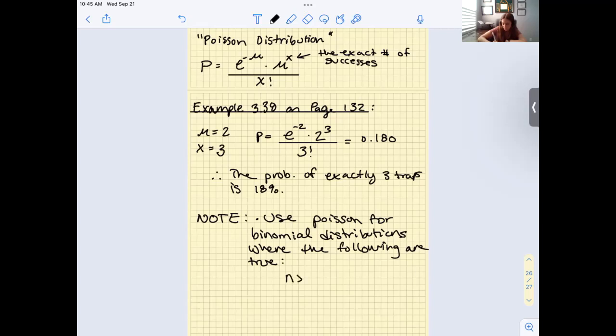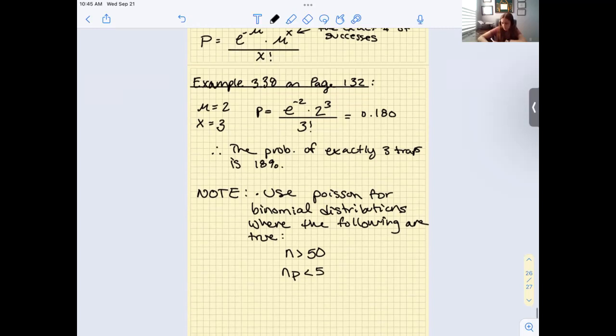You are doing more than 50 trials, and your expected value is less than 5. So remember, this is really just your mu, or expected value.